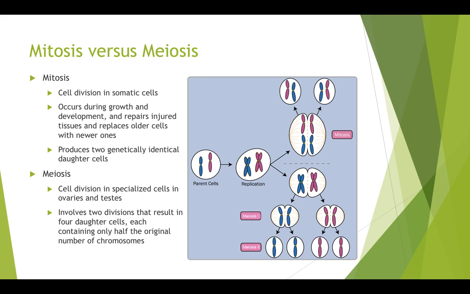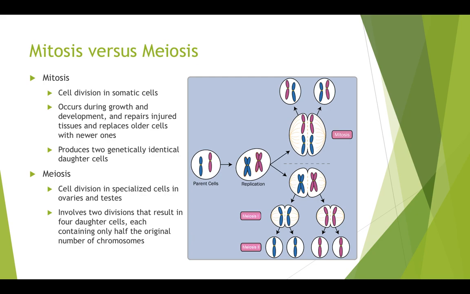Meiosis involves two phases of division that result ultimately in four daughter cells, each that will contain only half of the original number of chromosomes. And so in meiosis, you get the DNA replication. You have your homologous chromosomes lining up on either side of the centromere. You first then cleave into two cells that contain one set of homologous chromosomes.